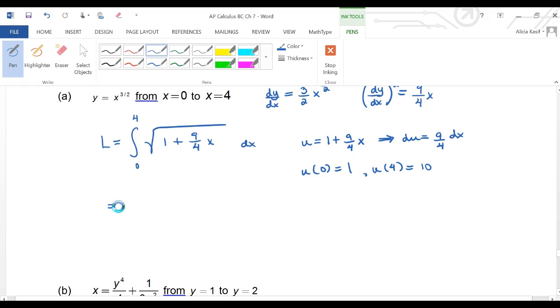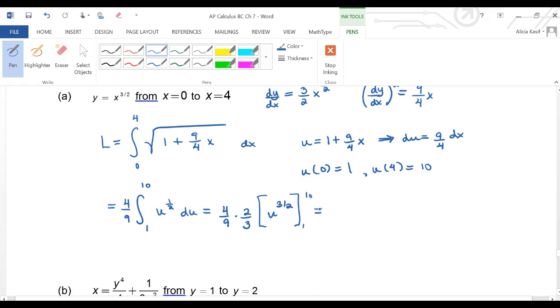Now I can rewrite this as 4/9 integral from 1 to 10 of u to the 1/2 du. So it's going to be u to the 3/2 over 3/2, that would be 2/3. So 4/9 times 2/3, and then we have u to the 3/2 from 1 to 10.